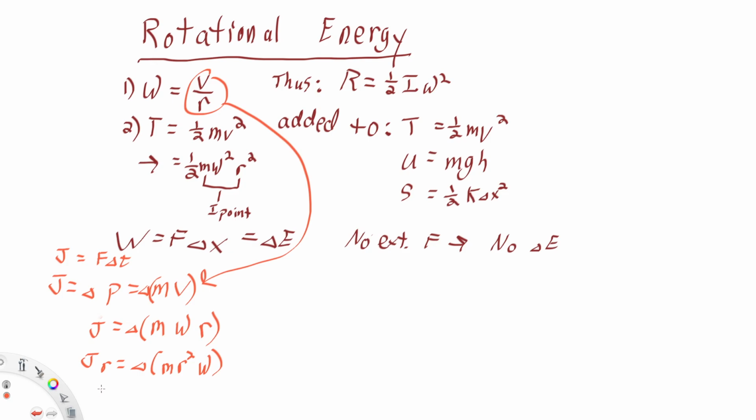So we end up with torque times the time equals a change in I omega. And this quantity here, I omega, we typically call that L, capital L for angular momentum.